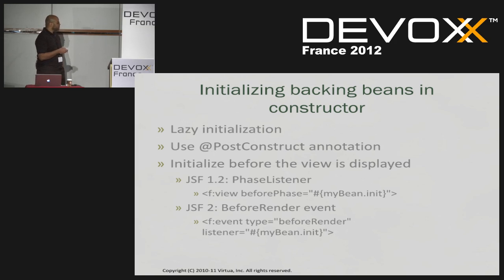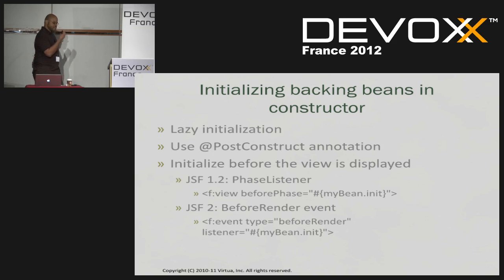Okay, so here this is actually a method on a backing bean. So I don't know how many people, has anyone ever used this before? Phase listener on the f:view. Okay, so I don't see it used too often, but it's pretty handy. So here we're actually calling a method on the backing bean, and you have to check to see what phase it's in, whether it's in restore view or whatever phase, and then from there you can do whatever initialization you have to do. Okay, so that's a pretty handy way to do things.